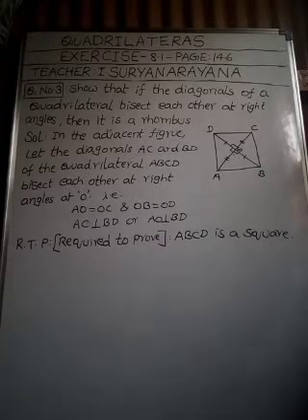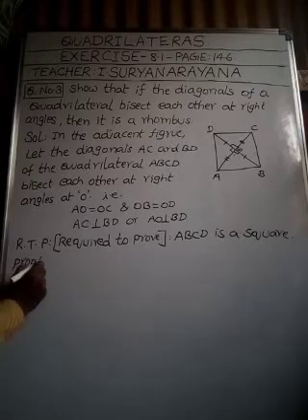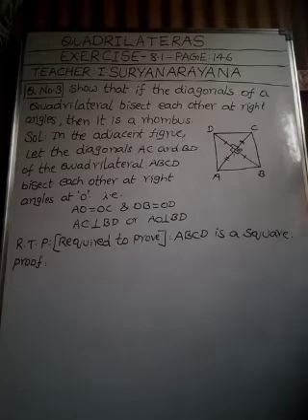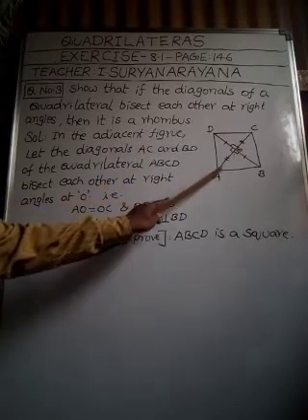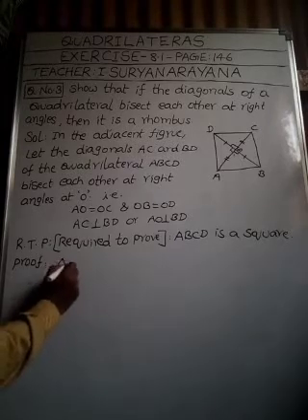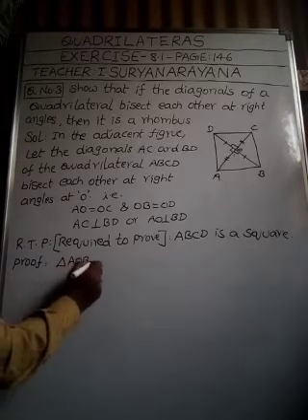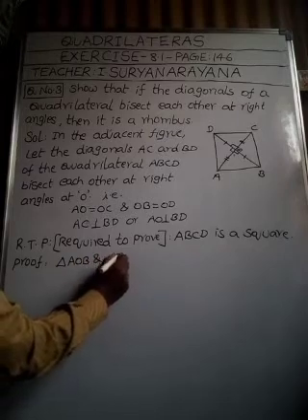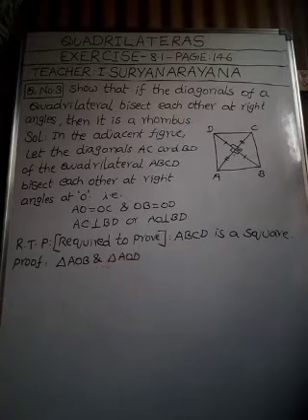Right. Now come to the proof. Let us take triangle AOB and triangle AOD. Let us take these two triangles. Okay, my children. Right.